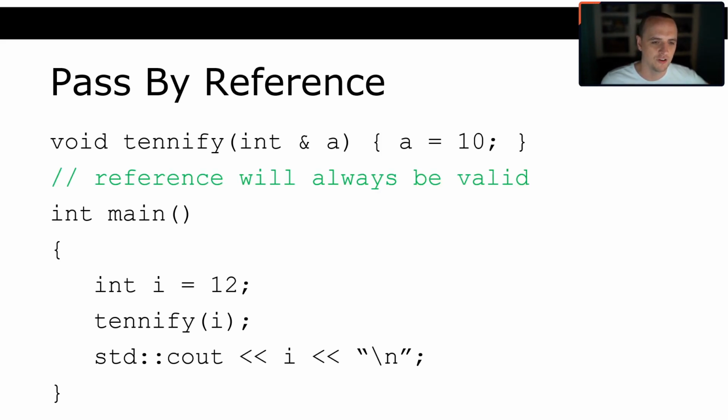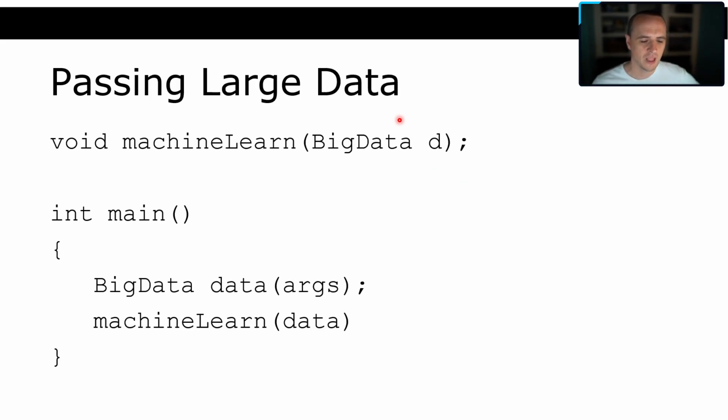So pass by reference, we know that a reference will always be valid. Okay, so references will always be valid because they had to be passed in via a variable that exists somewhere. If we want to pass large data, then we're going to have to pass things by reference. If I have multiple megabytes or gigabytes of data that I want to pass into a function, again, C++ is pass by value, so it would copy this big variable, which is really bad.